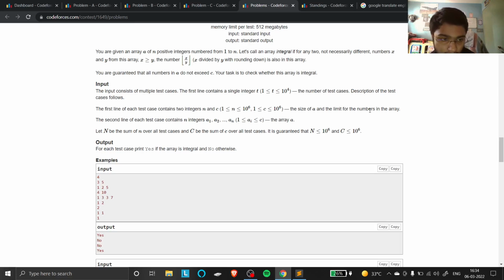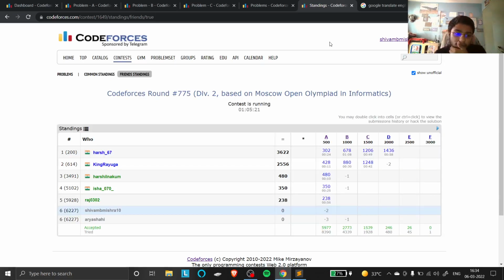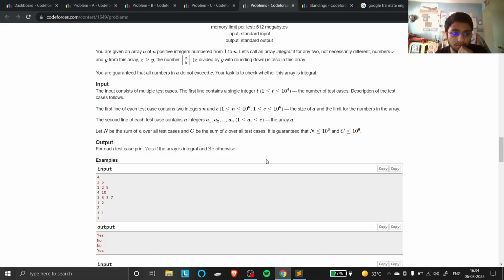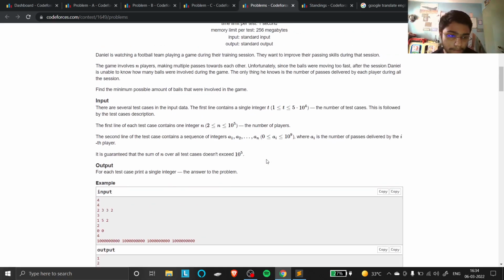How could C play a role here? What's the role of C here? Let's wait.